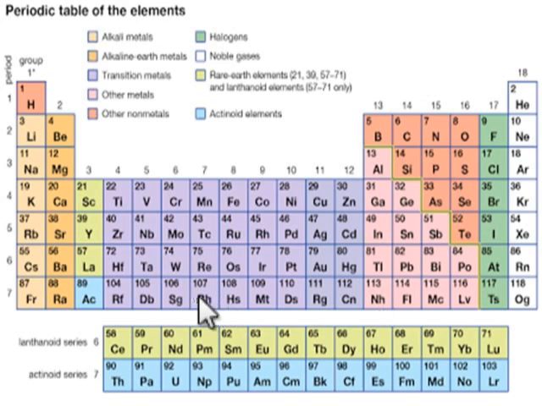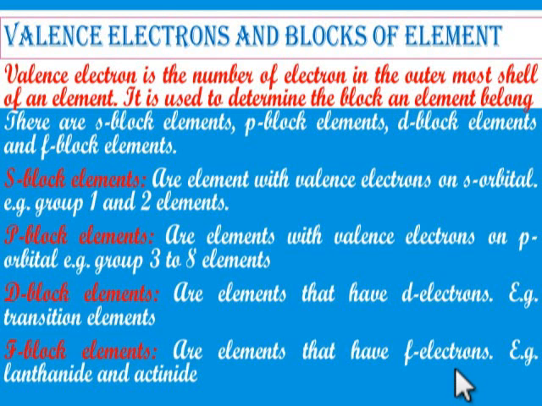Look at it here. Look at the group 1 elements, that is lithium, sodium, potassium, rubidium, caesium, and francium. These are group 1, this is group 2. So these group 1 and group 2 elements are the s block elements because they have their outermost electrons in the s orbital. Now let's look at the p block elements.